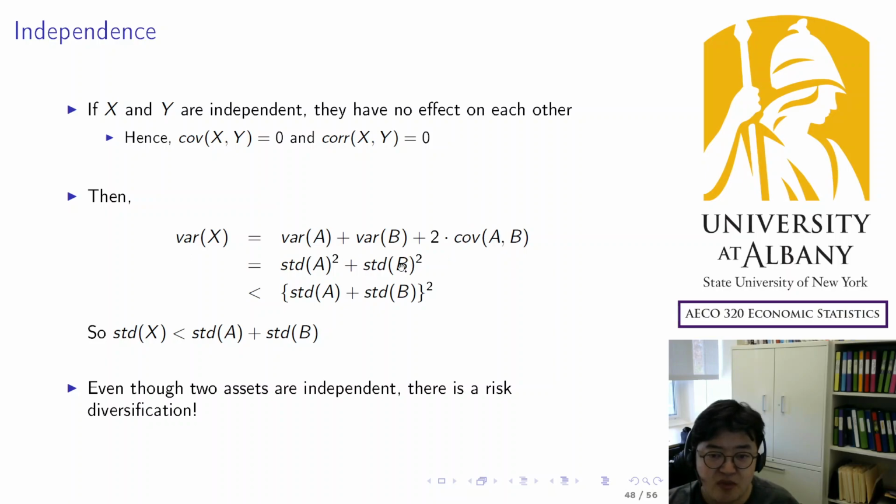So you only have this much. That is smaller than this, the expansion of standard deviation of A plus standard deviation of B. That means the composite standard deviation is smaller than the sum of the two standard deviations. That means even if two assets are uncorrelated, they still help.